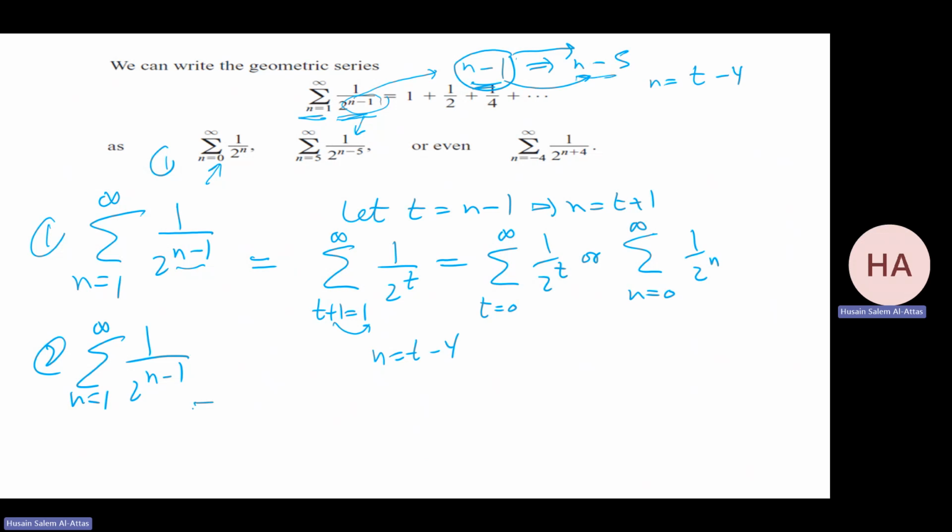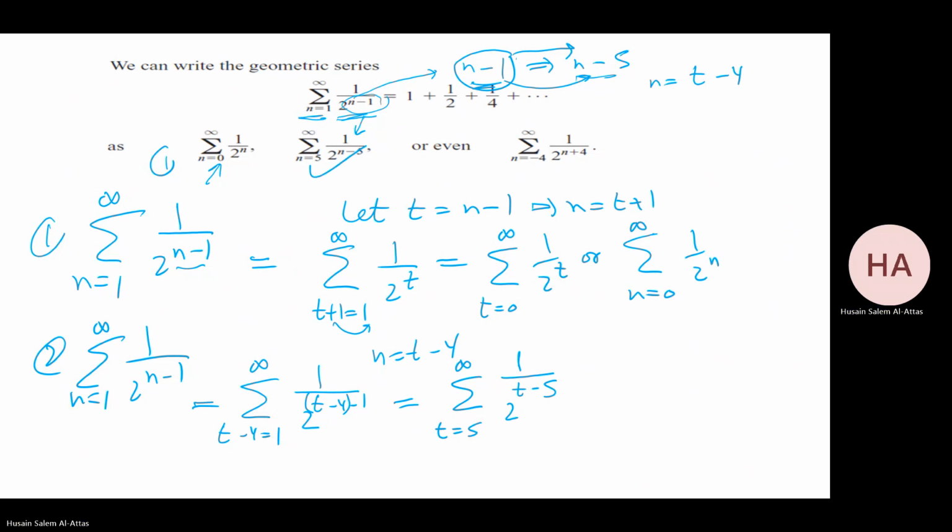So I have the summation, n which is t minus 4, equal 1 to infinity, 1 over 2 to the t minus 4 minus 1. That will make it summation t equal 5 to infinity, 1 over 2 to the t minus 5, which is this one.